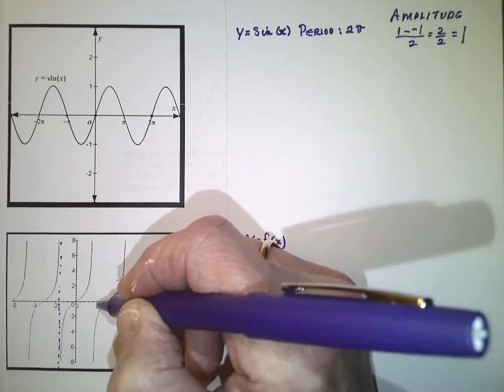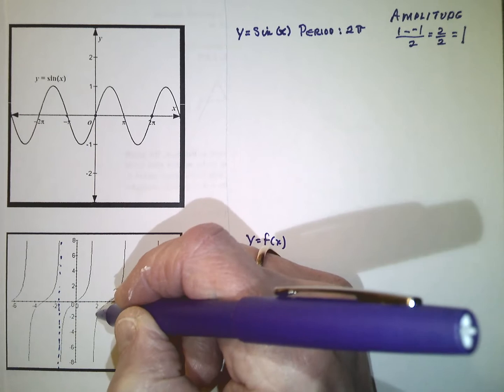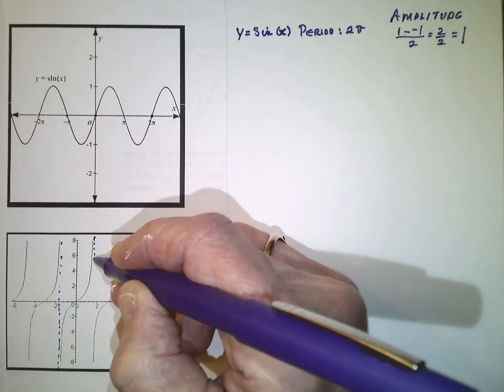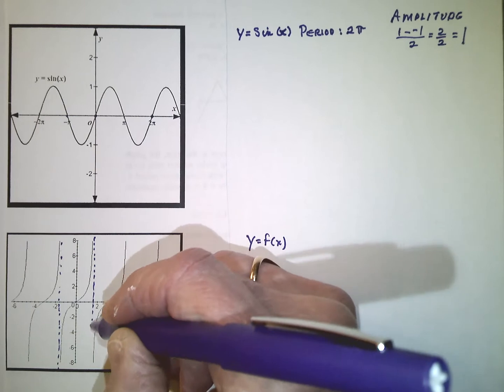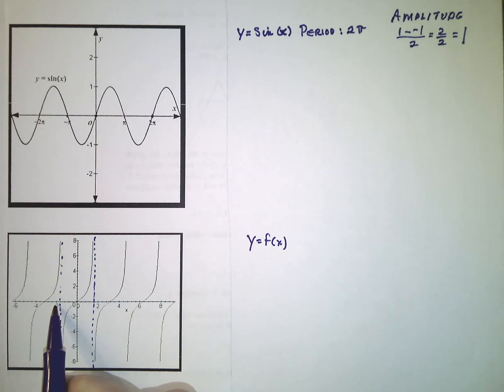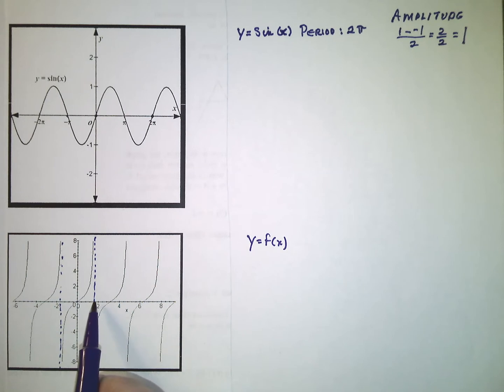And then I can't use x equals 2 for the vertical asymptote because it would definitely hit the graph. I'm going to say from -1.5 to +1.5 on the x-axis. Well, that should be a period of 3.